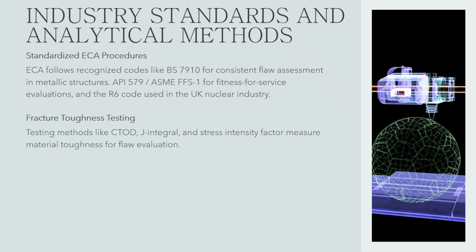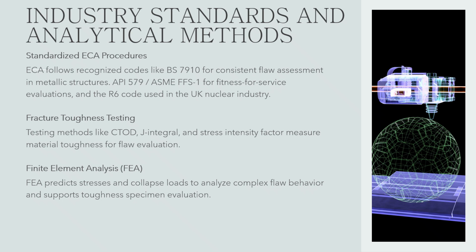Analytic methods often involve fracture toughness testing such as CTOD, J integral, or stress intensity factor measurements. For complex loading conditions, finite element analysis (FEA) is employed to predict crack tip stresses, residual stresses, and collapse loads.